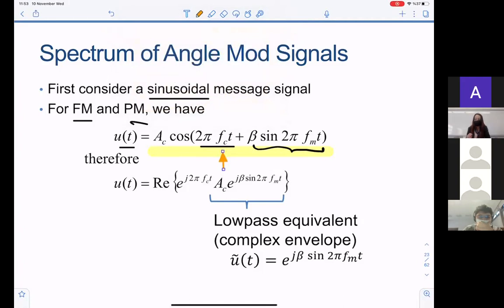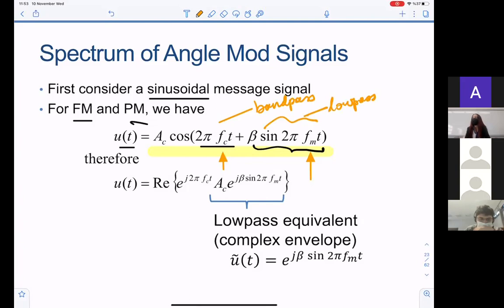Typically FM here will be much smaller than FC, so we will refer to it as a low pass component. And this FC makes the overall signal a band pass signal.